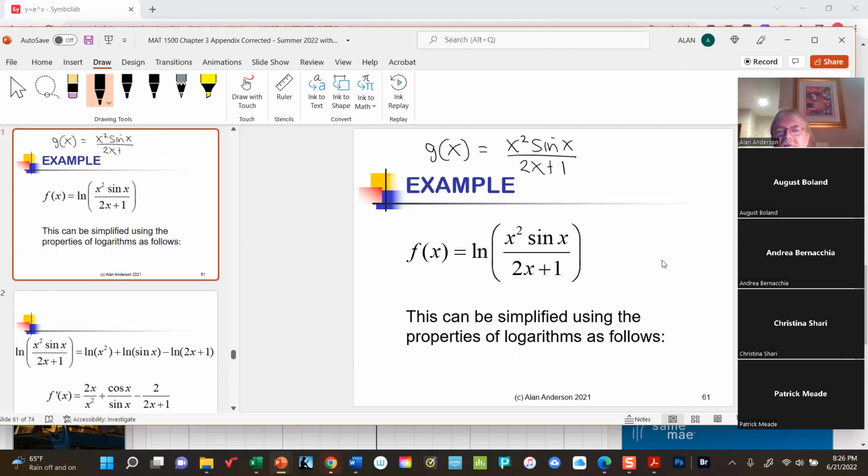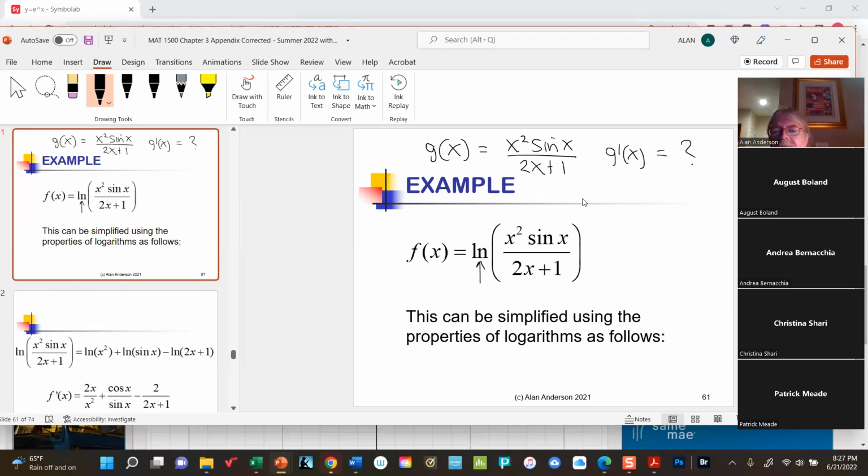If you were to go ahead and evaluate this, g prime of x would require, the way it's written, both the product rule and the quotient rule, the product rule for the numerator, quotient rule for the entire expression, and you've got a sine in there too. That could get really messy. So what we might want to do instead is take advantage of the properties of logarithms.